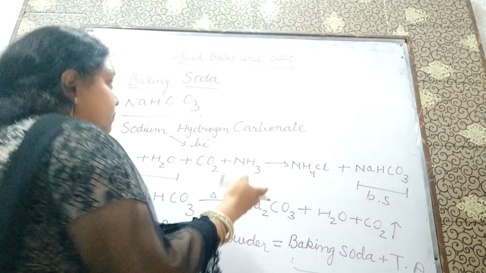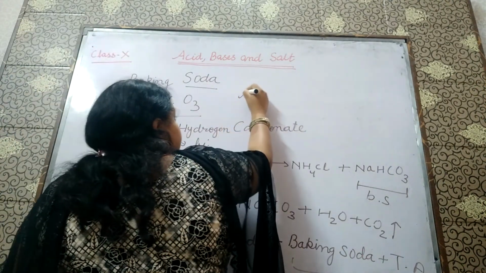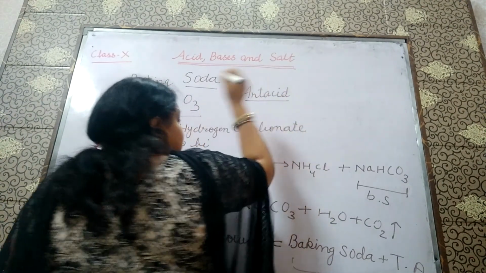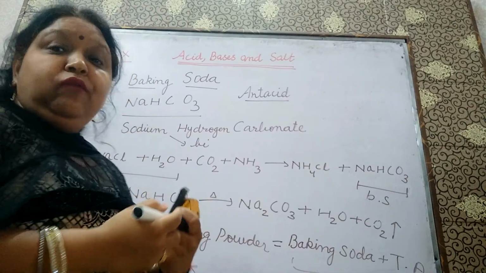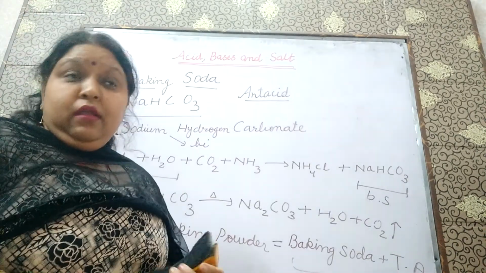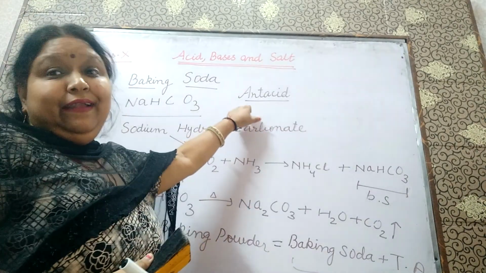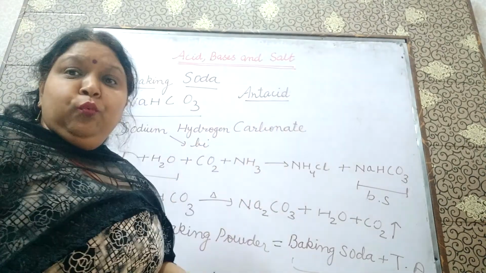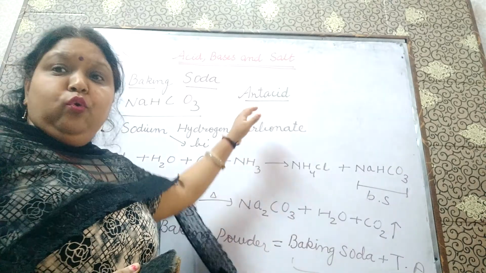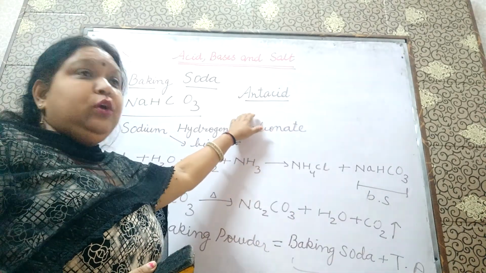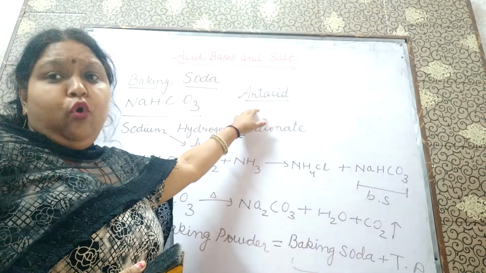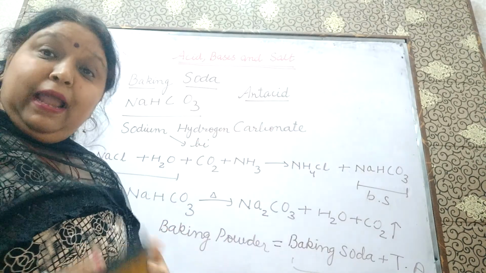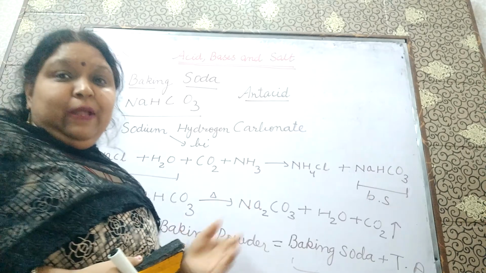Antacid means the substance which works opposite to acid. Whenever anyone is suffering from acidity, then we provide antacid to that person. Antacid means we are providing ENO. And what does ENO contain? ENO contains magnesium hydroxide. That is the main ingredient which helps to get relief from such a problem.